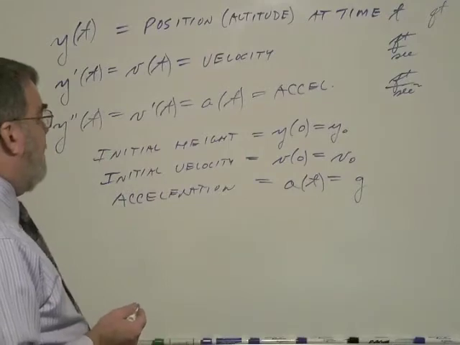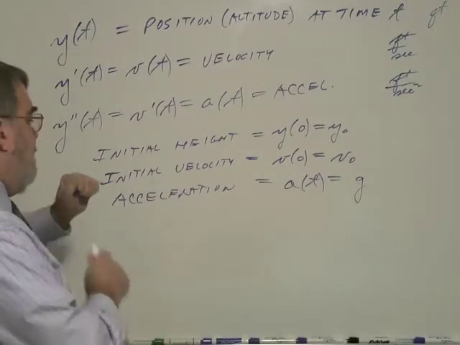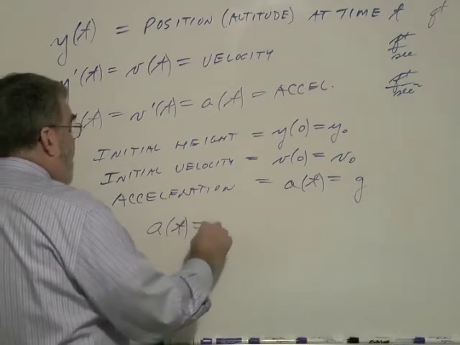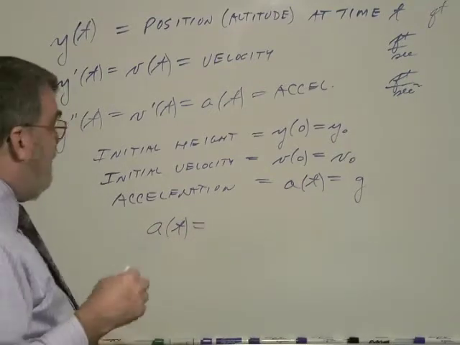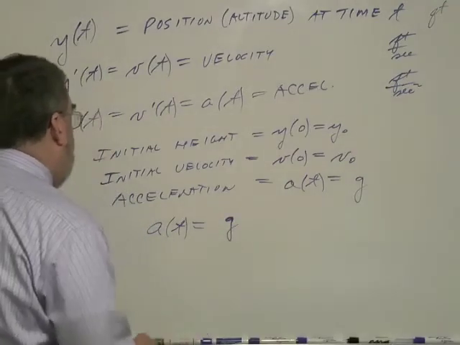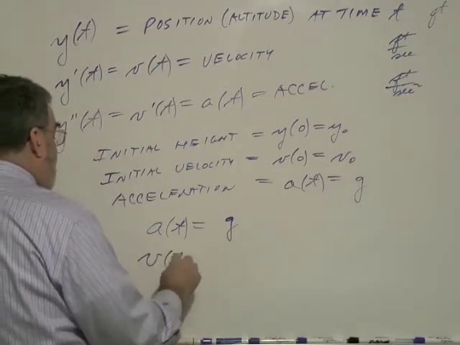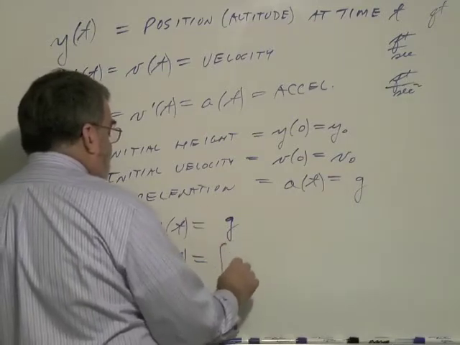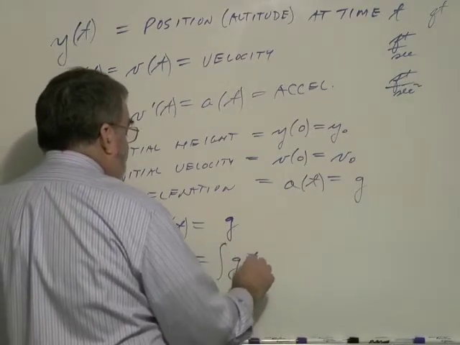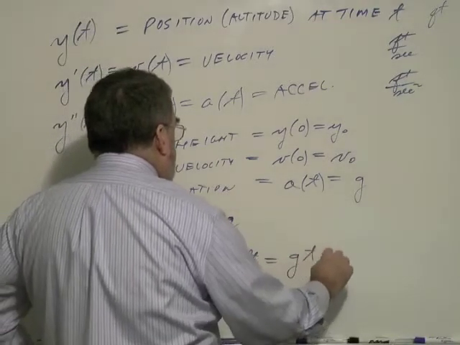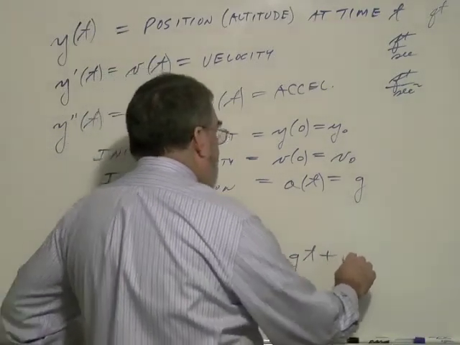We'll call that g. So if the only thing acting on this object as far as acceleration is g, then the velocity would be the antiderivative of acceleration with respect to time, and that would be gt plus a constant.